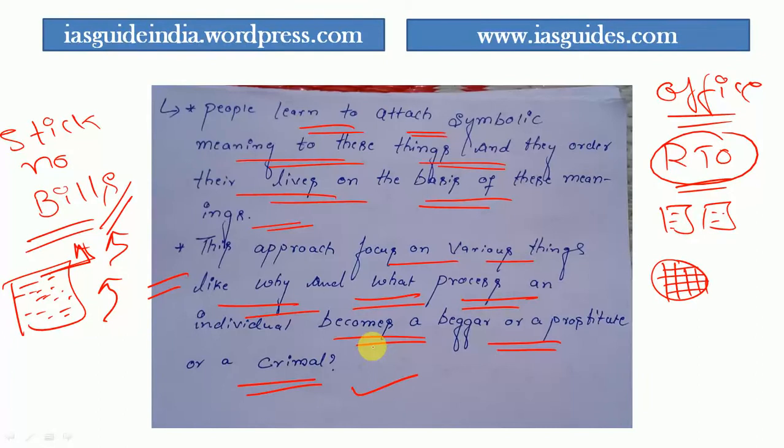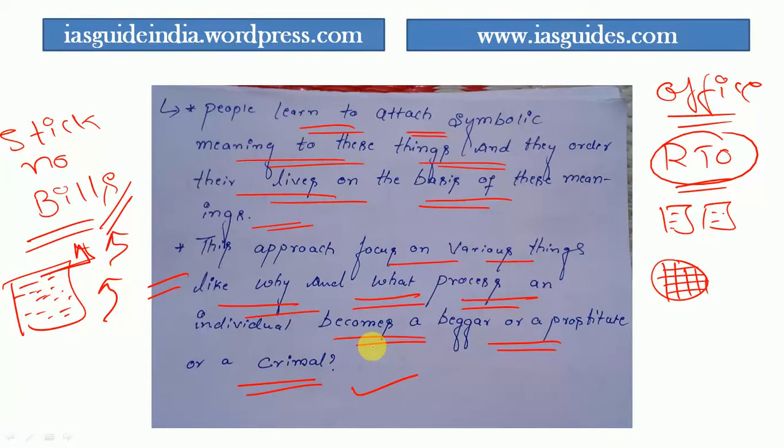I don't think you people have an answer for that one. See, it's a serious matter. Why does a person become a beggar? Why do some become prostitutes? It's very complex. And why does a person become a criminal? This kind of thing is actually judged by the interaction approach.